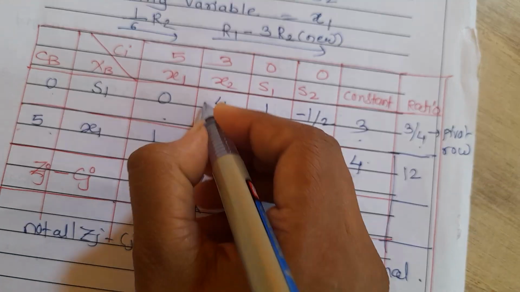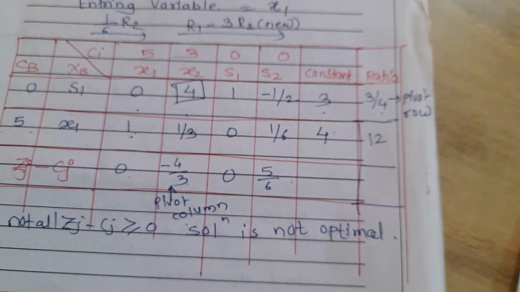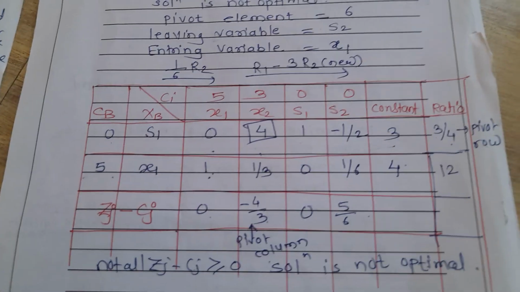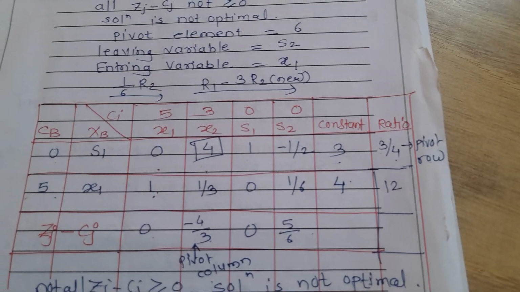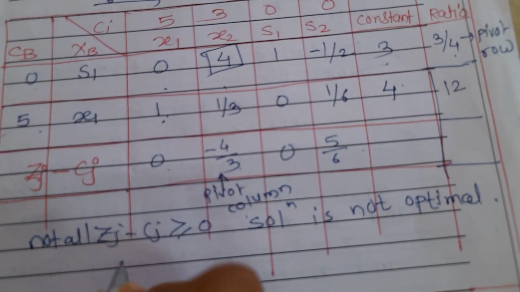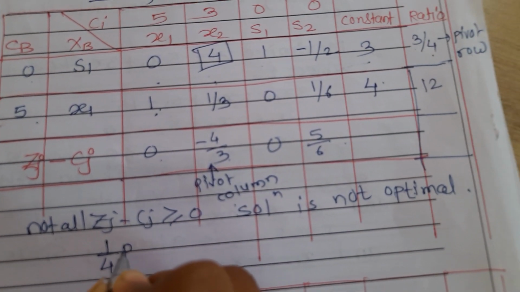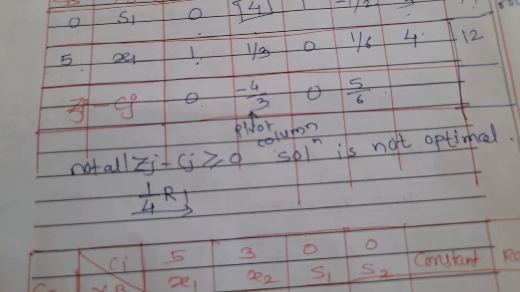Therefore, our pivot element is 4. Now we want this element to become 1, that is the leading coefficient. Therefore, we perform the operation 1 by 4 R1.